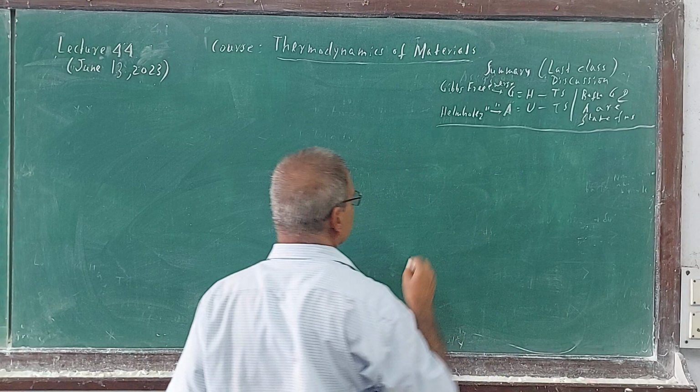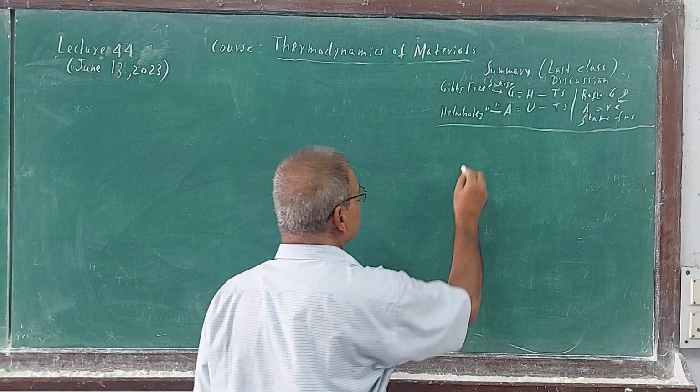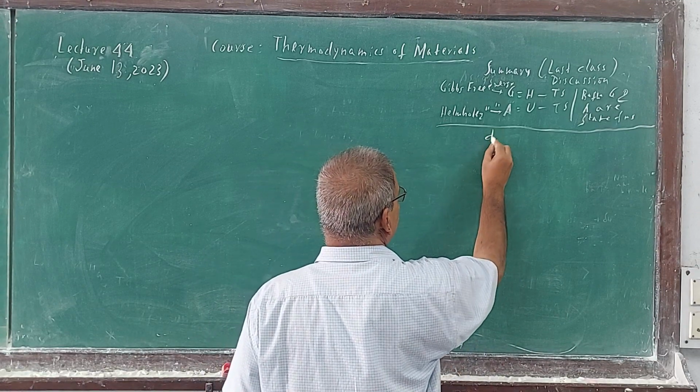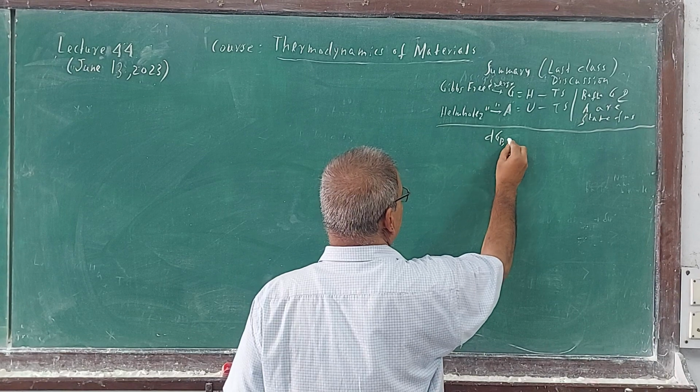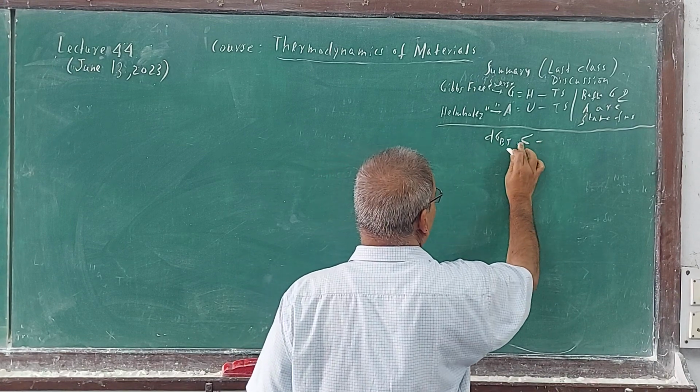Now what we got? First we found this, dG at constant P and T is less than or equal to minus dW prime.